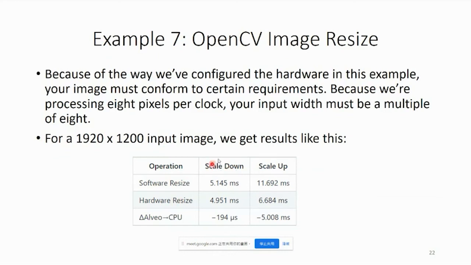In the scale down, we reduce the height and width 3 times. In the scale up, we multiply the height and the width by 3. And we can see that when we do the scale up, the time we need is more.